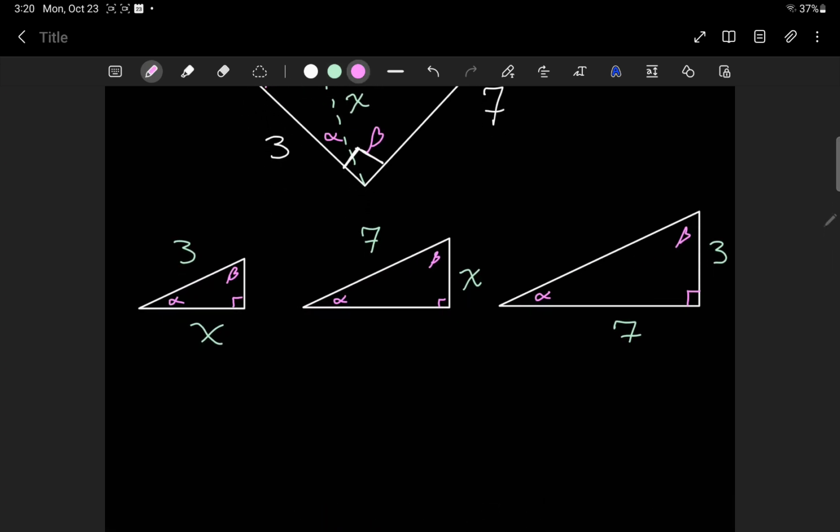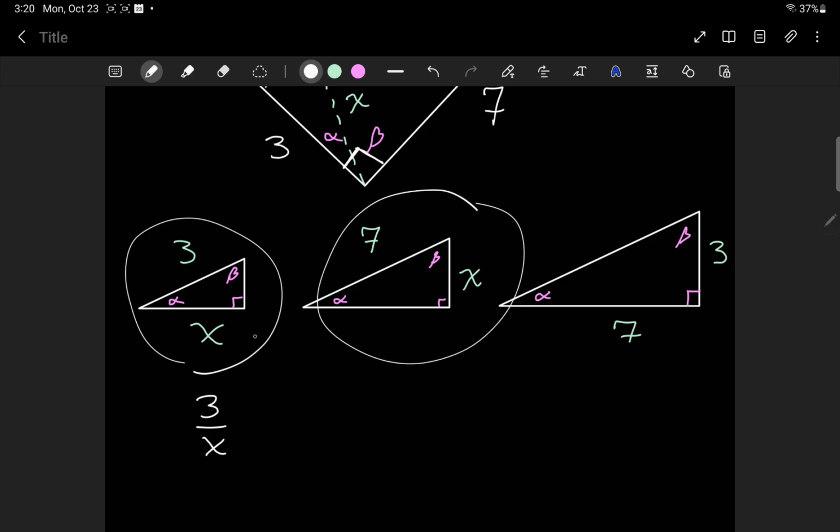so we know that we can solve for x using some of these relationships between the sides of similar triangles. So if I start to try and make some formulas here, I could say something like 3 over x. I'm using this triangle here and this triangle over here. So 3 over x would equal 7 over, and then I would need this thing here.